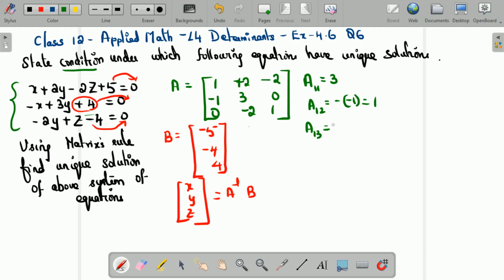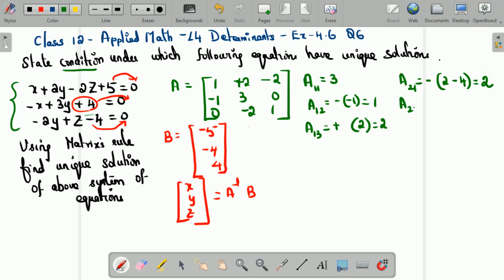A13 is going to be plus of, now you multiply these two, so this is going to be 2 minus 0, so the final answer is 2. Now remember there is a negative sign. Now let's multiply: 2 into 1 is 2, minus 2 into -2 is plus 4. 2 minus 4 is -2. There is already a negative sign, so this becomes plus 2.